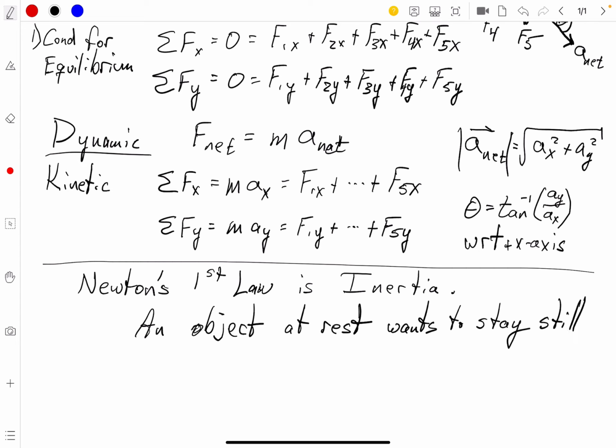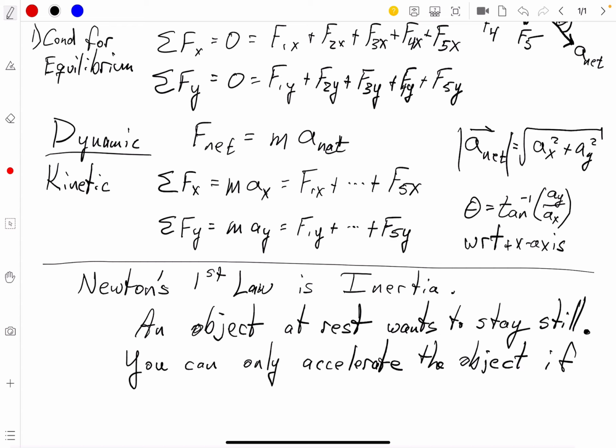Okay, what does stay still mean? It means that you can only accelerate the object if you apply a force to it.